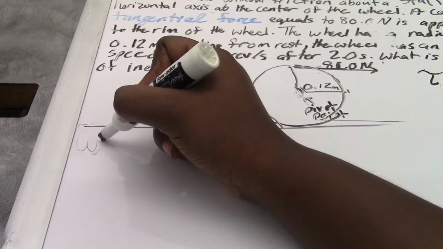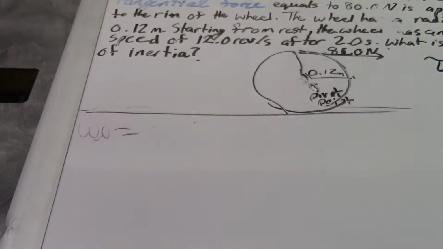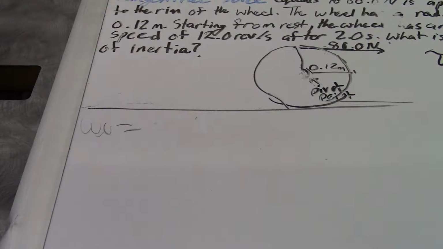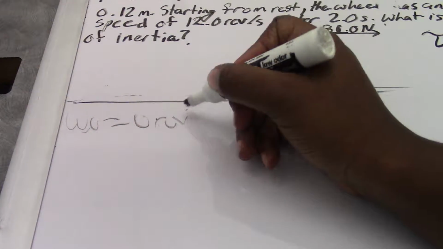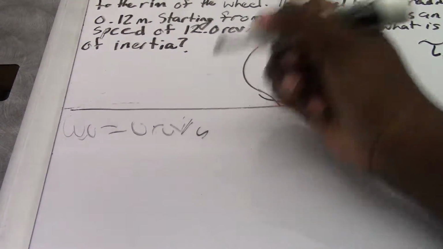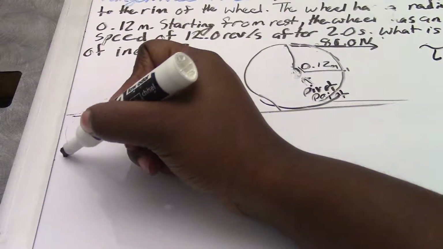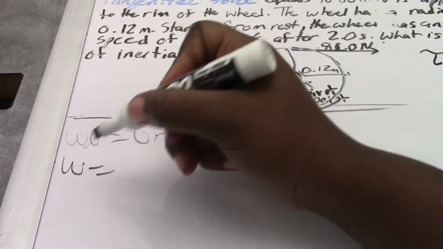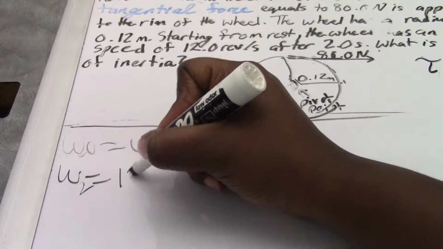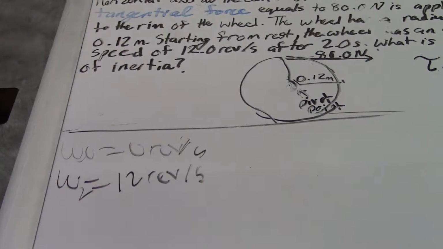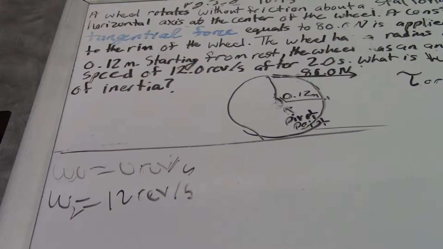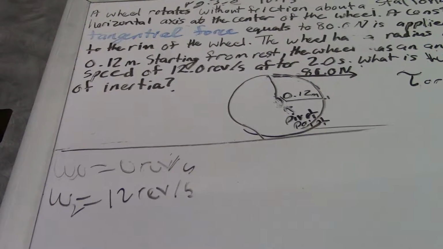We know that our initial angular velocity is going to be 0 because it's starting from rest. And we know that after 2 seconds it's going to be 12 rev per second. We need to convert the rev per second into radians so that it follows the SI unit.